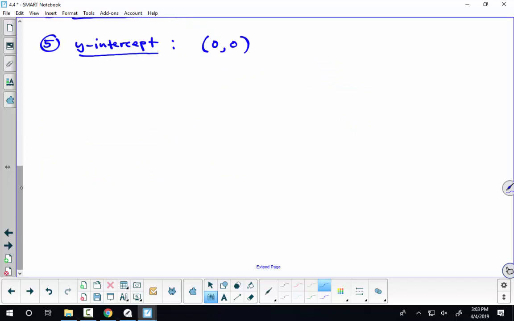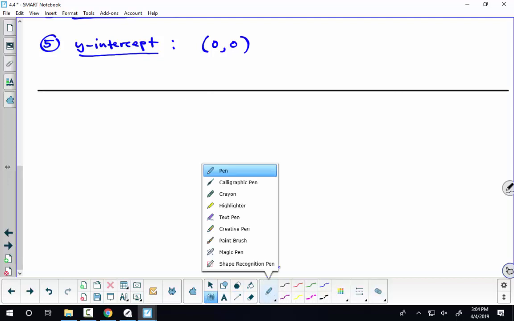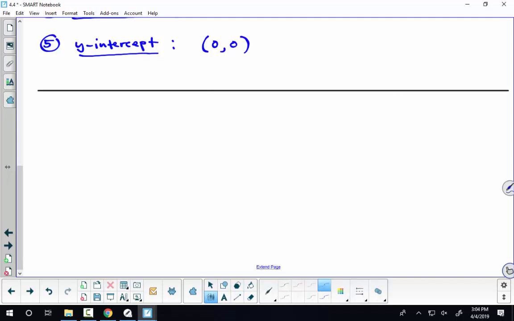Now we'll look at the new stuff with the first and second derivative test. So we had, let's mark this here, intervals of increasing and decreasing, and any local extrema.